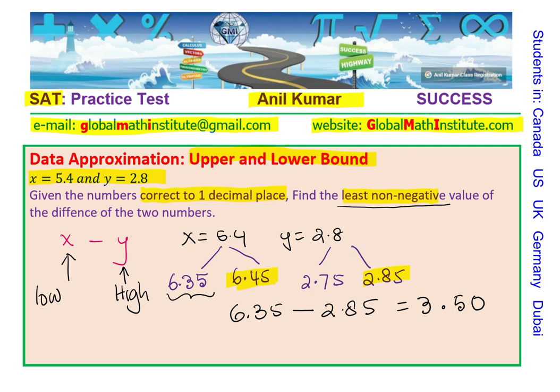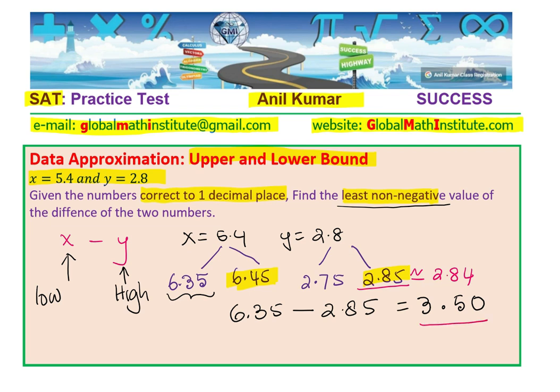Now, most of the time, you're given four choices. It may match with one of those. If not, then what you need to consider is that this number could be written as 2.5 to get the answer, right? So that is kind of important to understand, correct? However, 2.50 will be the answer.